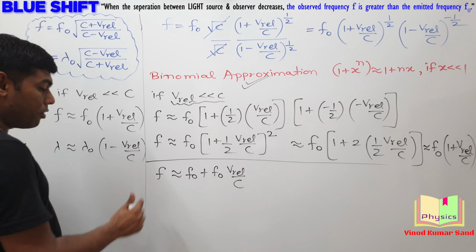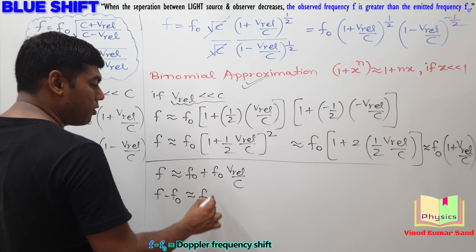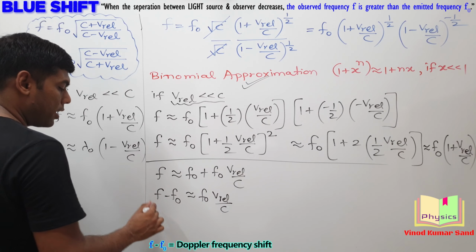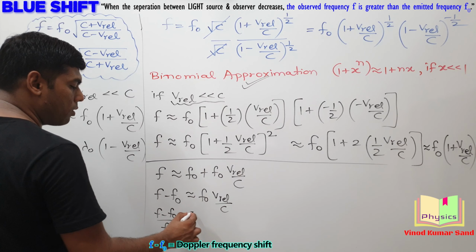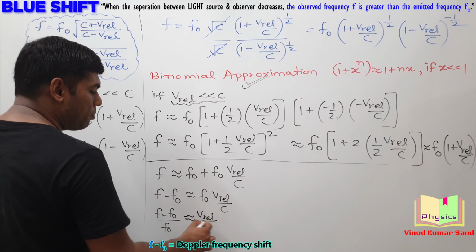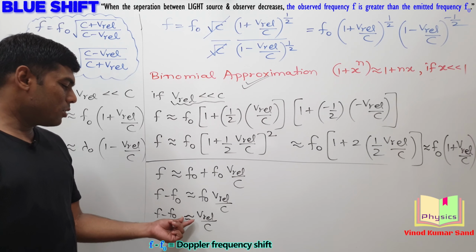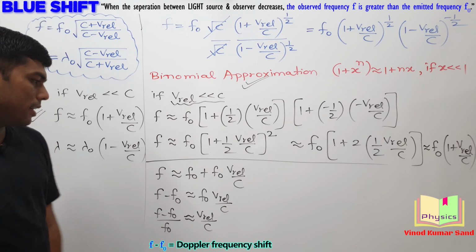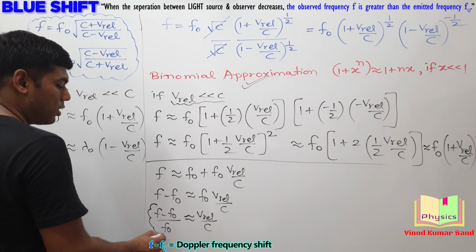Shifting this f naught here, f minus f naught is almost equal to f naught v relative divided by c. So here I can write f minus f naught by f naught is almost equal to v relative by c. While doing numerical calculations, you can take the equal to sign also. You'll get the approximated answer. This is another formula which we should learn.